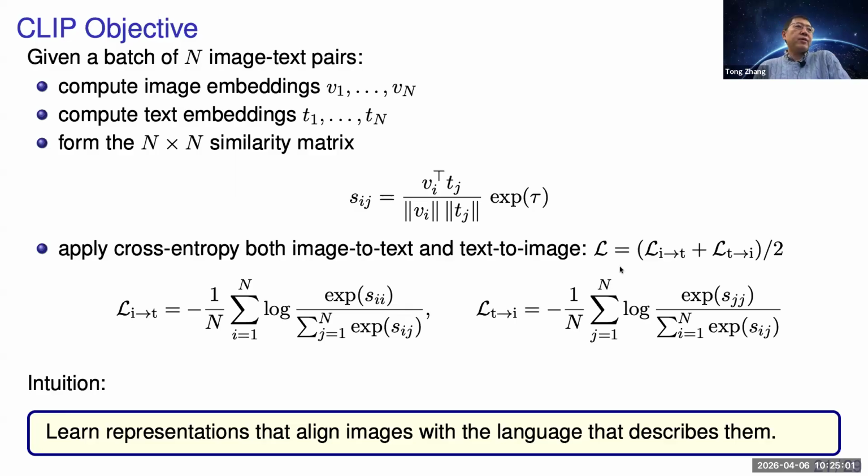This kind of loss seems to appear at different times. It also appears in attention. When you take the log, it's a softmax, and this is pretty much used, at least for training this kind of contrastive learning.